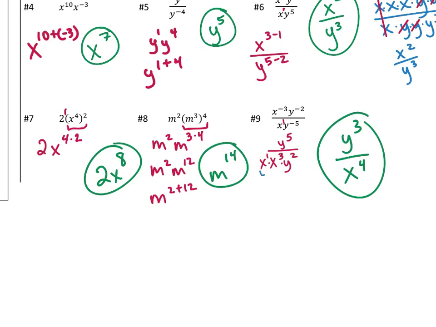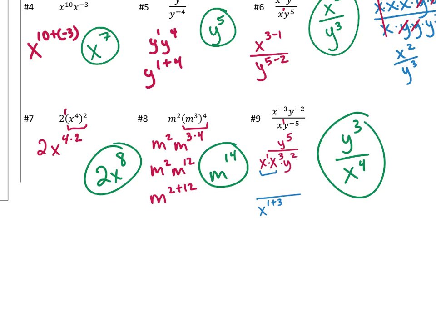I've got my x's, which are side by side on the bottom of the fraction. So that uses my product property, which says add up the exponents. So that'll be a 1 plus 3 for that power. And then my y's are using ones on the top and ones on the bottom. So that's my quotient rule, which says subtract the exponents.